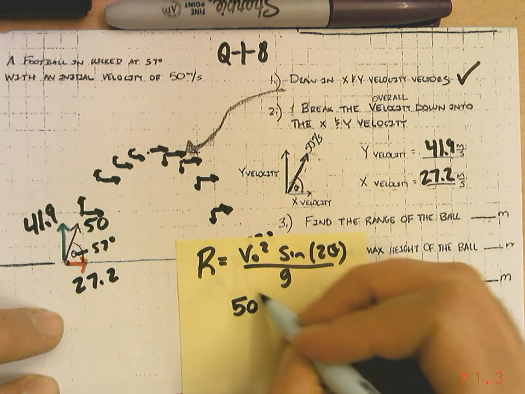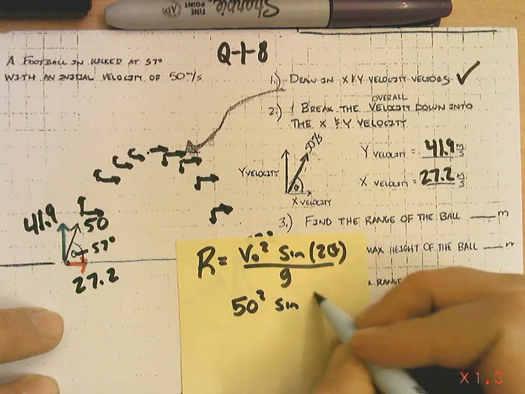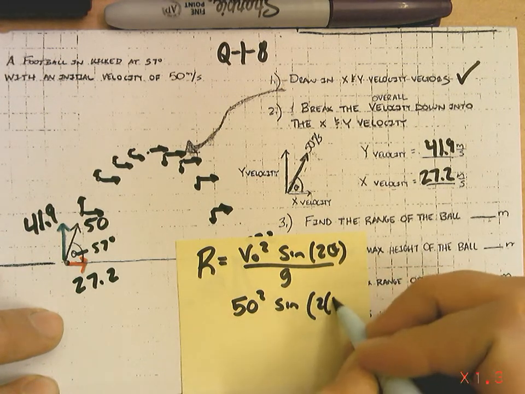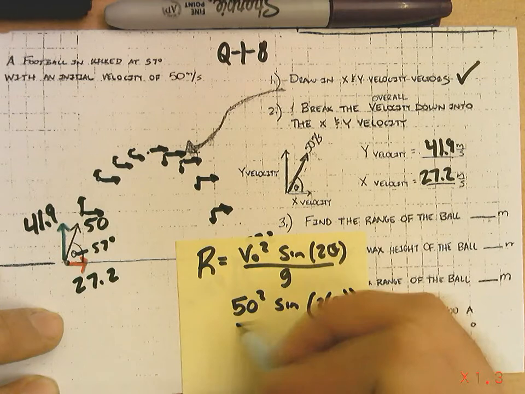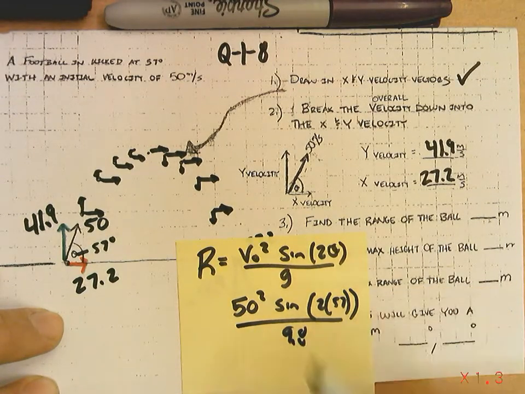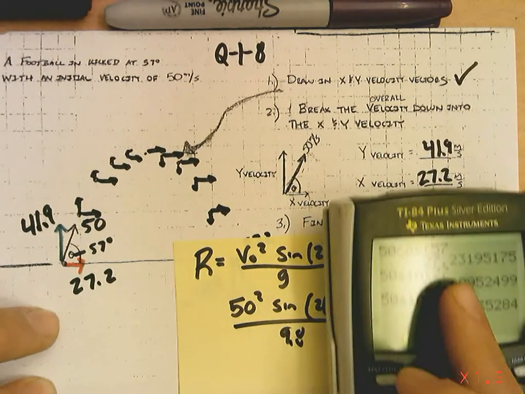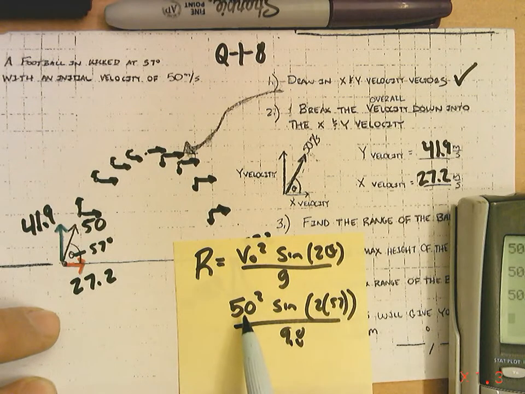So we have 50 squared times the sine of 2 times 57 divided by 9.8, and that'll tell me exactly how far it goes. So it simplifies everything. Just remember to use the hypotenuse, not the x component.